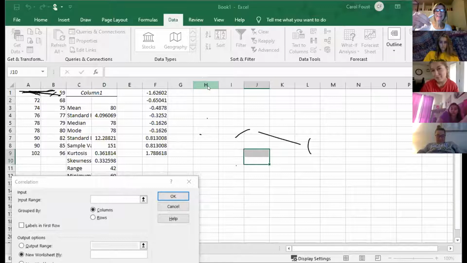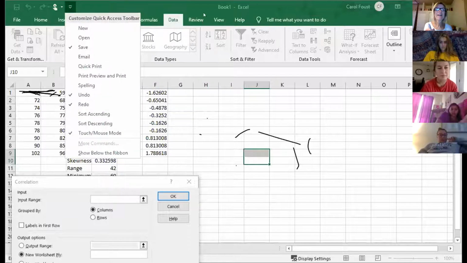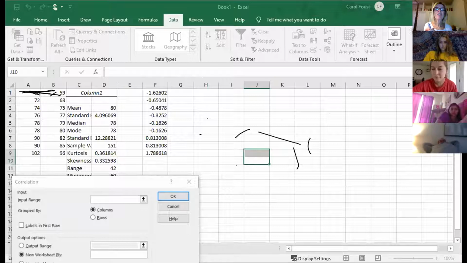Because I can't, the pen function like that, it went away. Like it got closed.